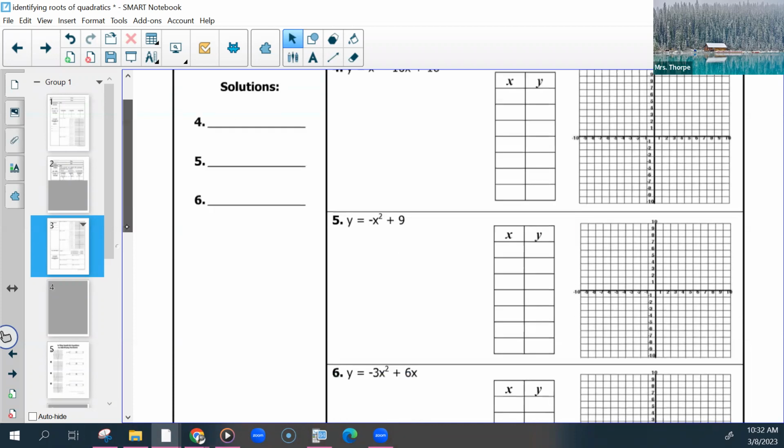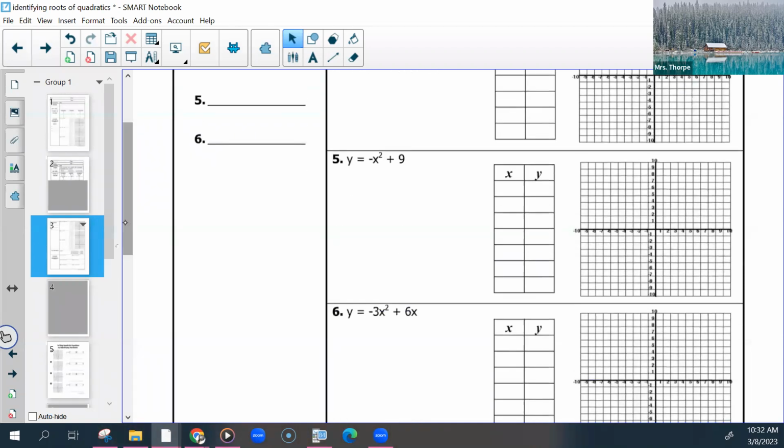So let's do 5 on the graph. If you don't have your calculator, go ahead and go grab that. Well, there were 2 in the same pocket and maybe the one below.